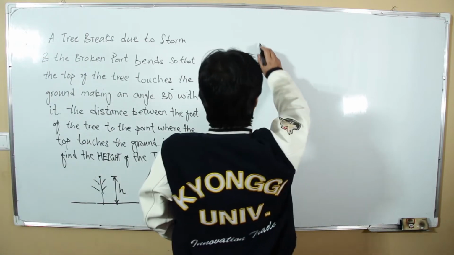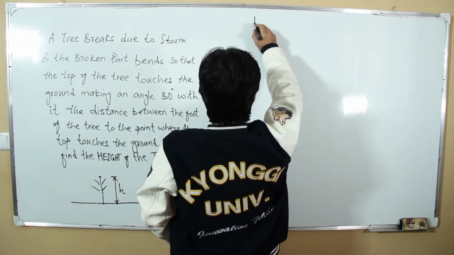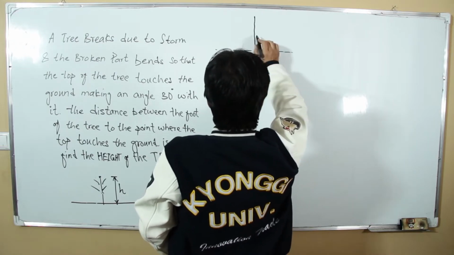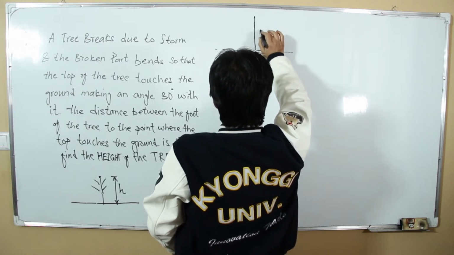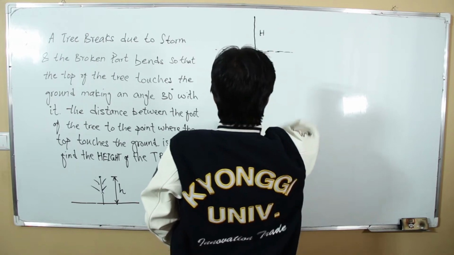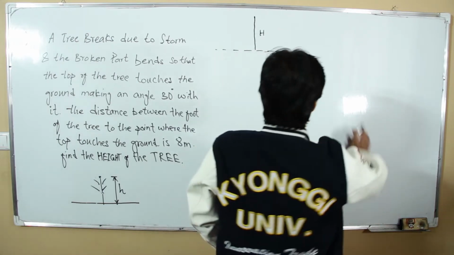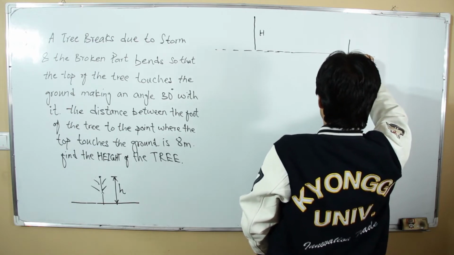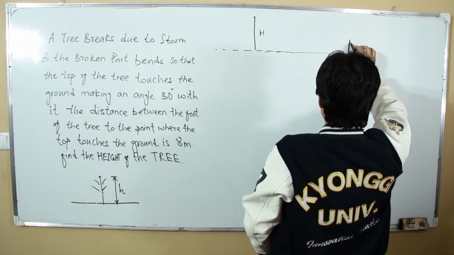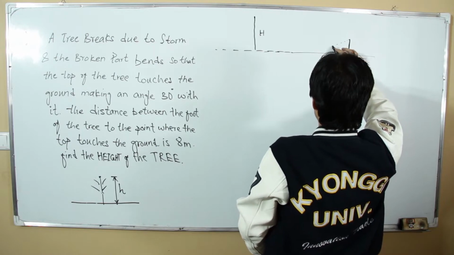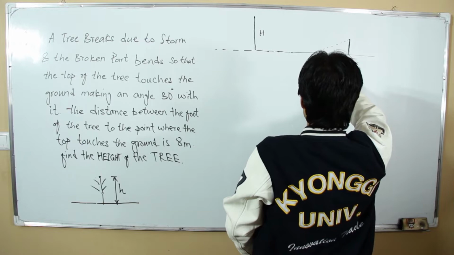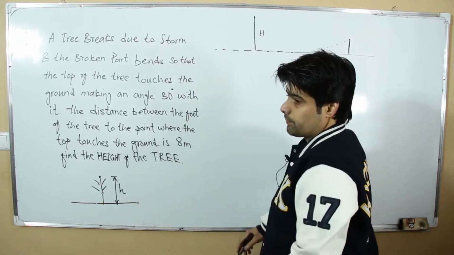Now, if this is our tree and this is our ground, we don't know the height. It's h. If this one broke down, suppose this is the broken part, and it touches the ground and makes 30 degrees.